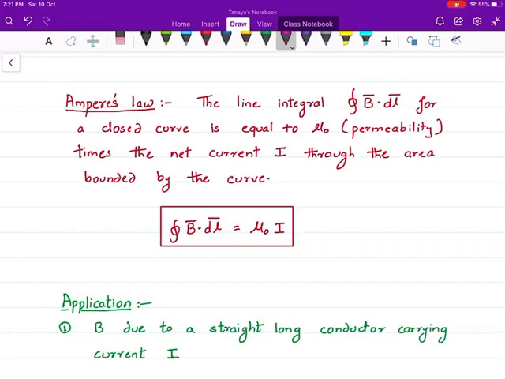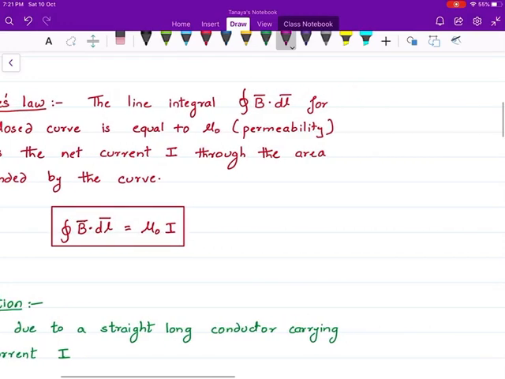Now let's understand what exactly is given over here. Suppose we have a distribution of currents like this. I am just drawing a cross section of 4 wires which are going inside the screen.